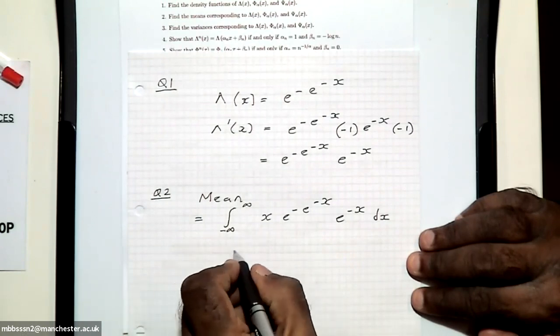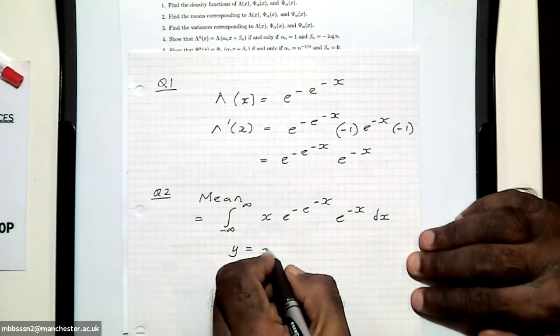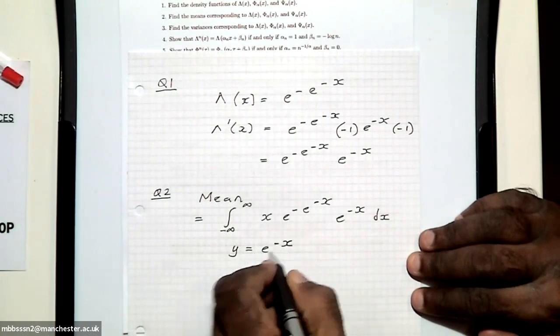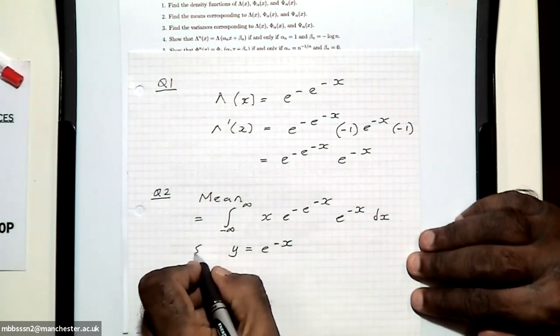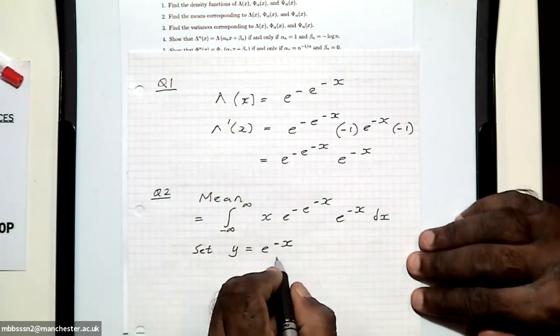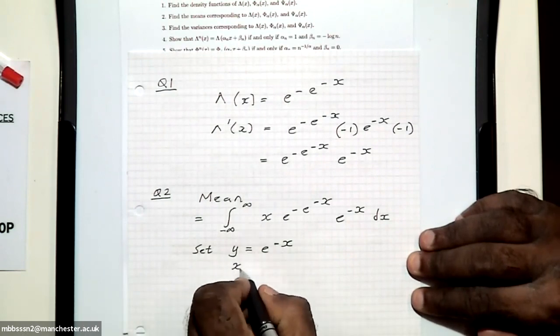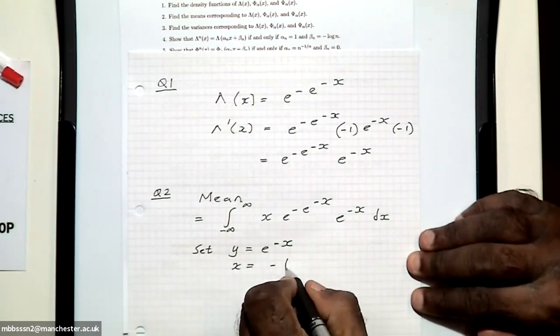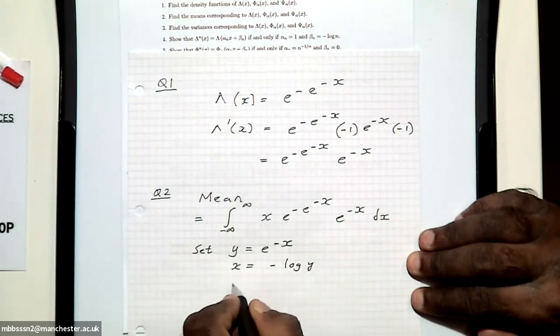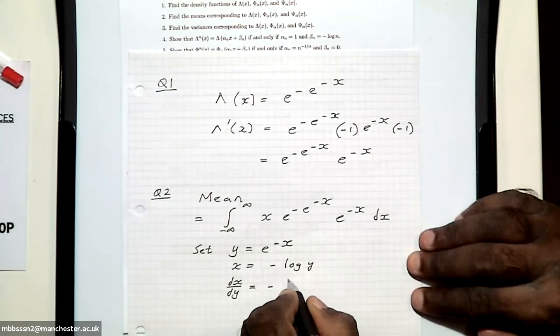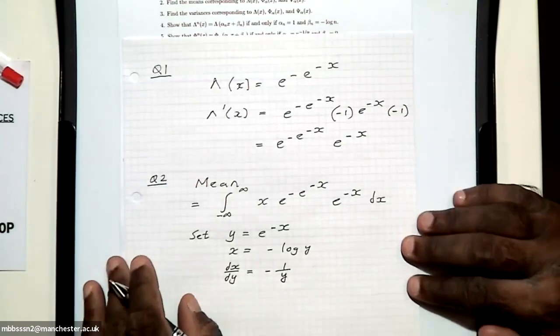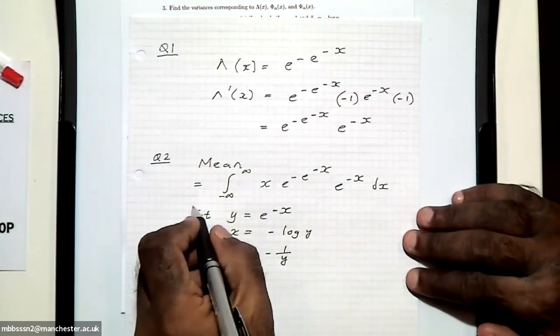Now, what I will do is to make a substitution. Set y equal to e to the minus x. So that means x is equal to minus log of y. So dx by dy is minus 1 over y. Right, so put this in a box.